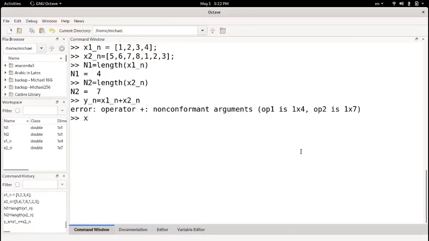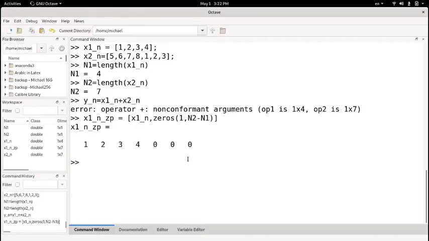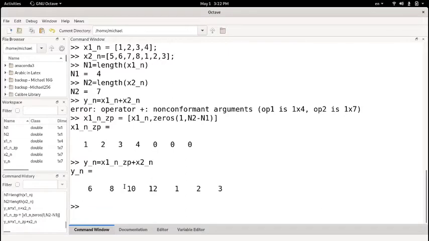So I will define a sequence x1n zero padded, which is equal to x1n, and I need to have zeros of 1 and n2 minus n1. In this case, I will be having a sequence of length 7. And now I can define the sequence y of n as x1n zero padded plus x2n. Now they have the same length, and now MATLAB wouldn't complain about the lengths.